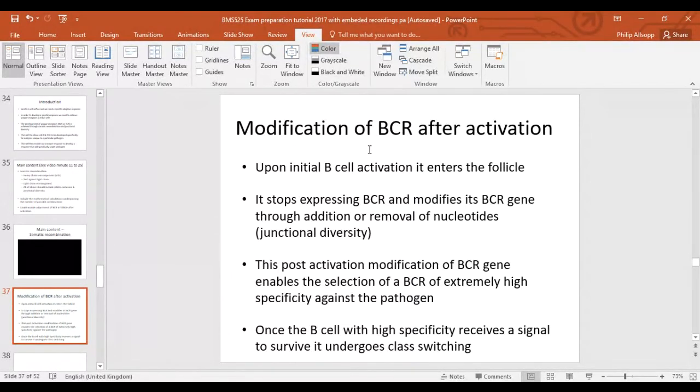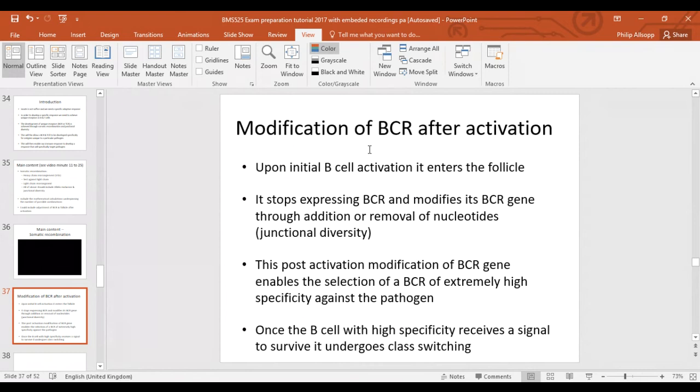And the way it does that is those that have changed their B cell receptor in a way that increases the affinity for the pathogen will be able to interact with the follicular dendritic cell. And when that interaction happens, those cells get a signal to live.